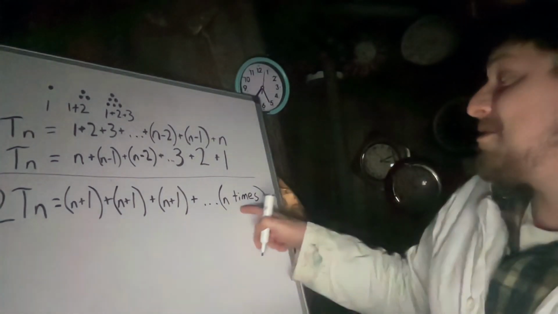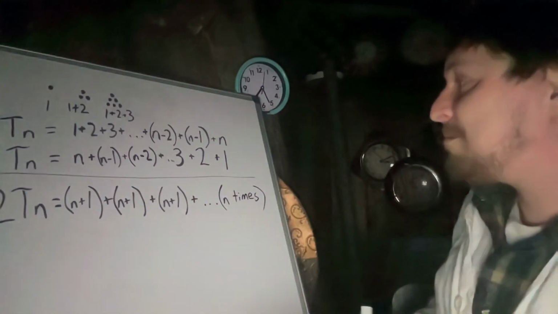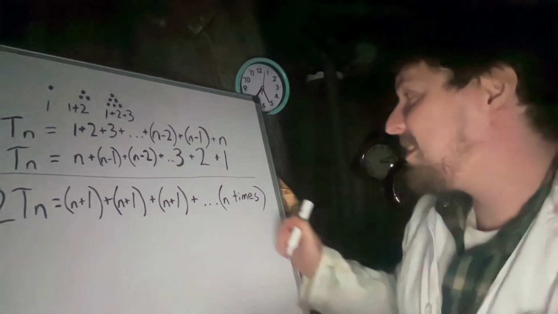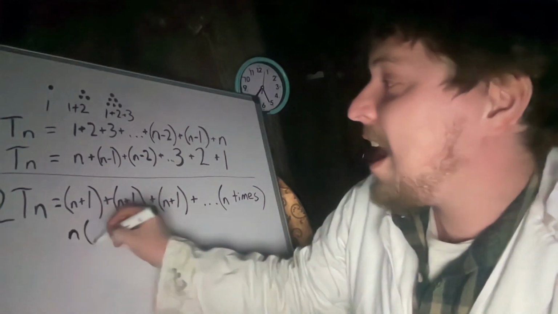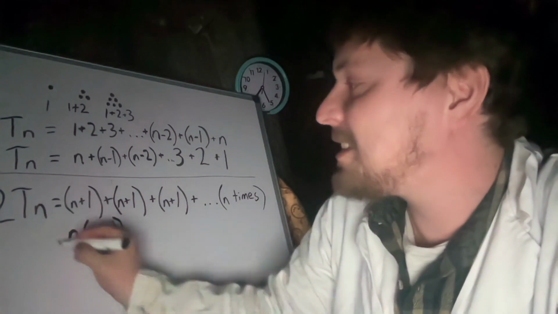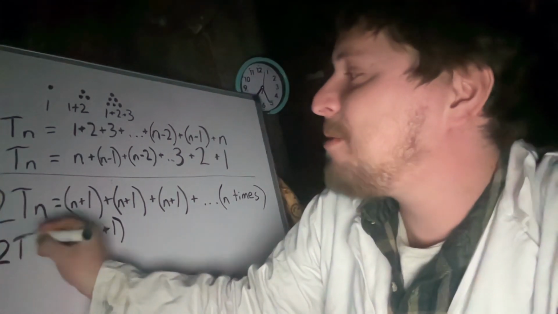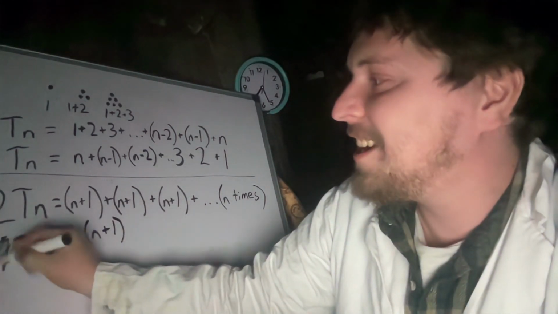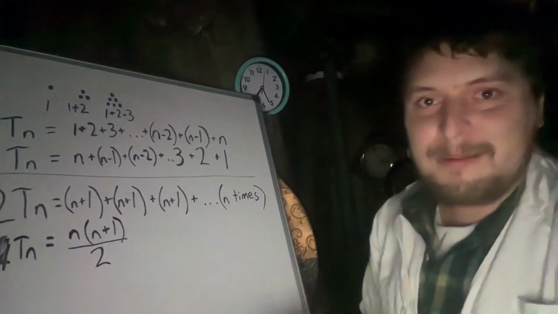And just like the written version of times, that we did it that many times, we can use times like multiplication to say it's n times n plus 1 must equal twice Tn, meaning that if we just want 1 Tn, we can divide by 2 here, get rid of that, and we have a formula.